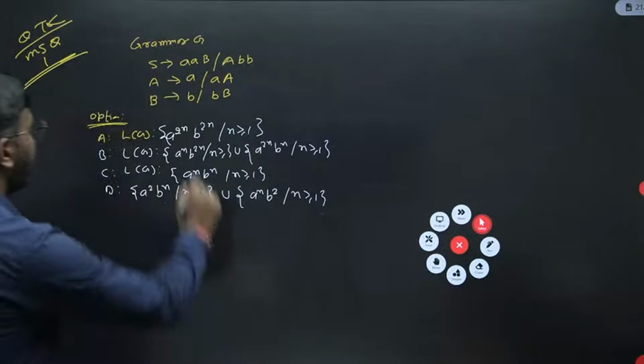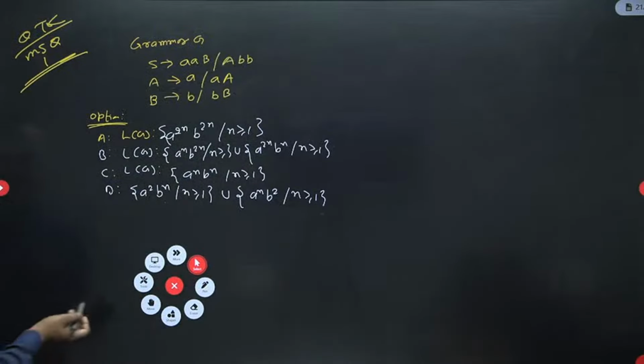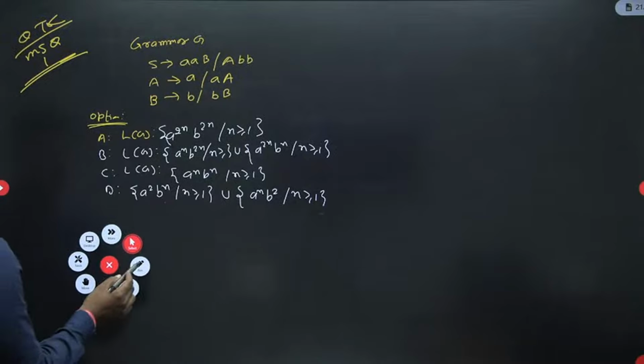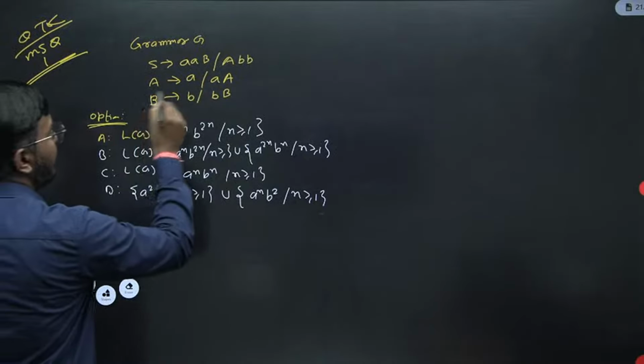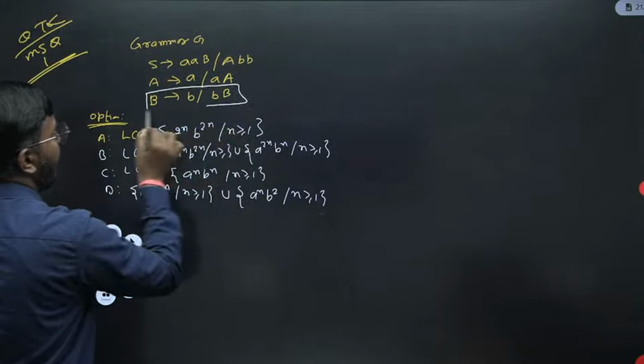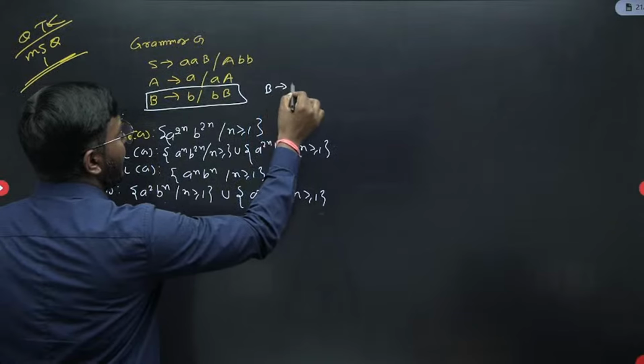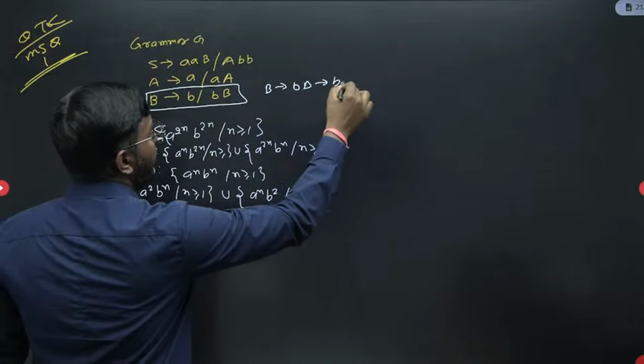Okay, now see here, if you observe the grammar quickly, you can simply back substitute here. If you see this B part, we can back substitute. Back substitution means if I expand B equal to BB, then again B, like this.